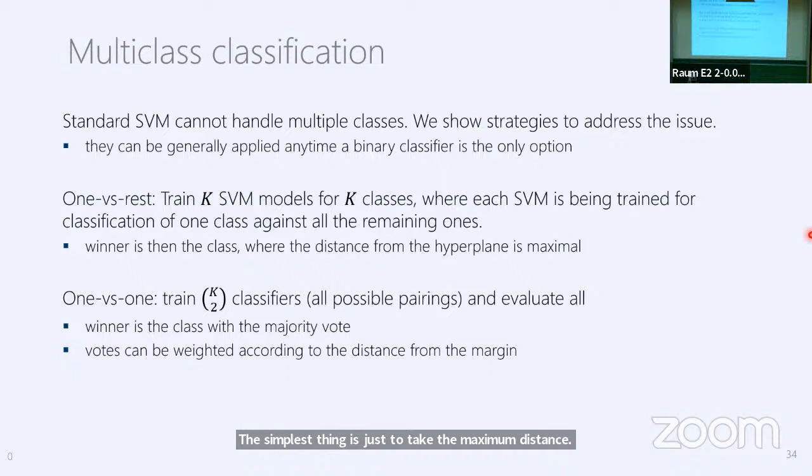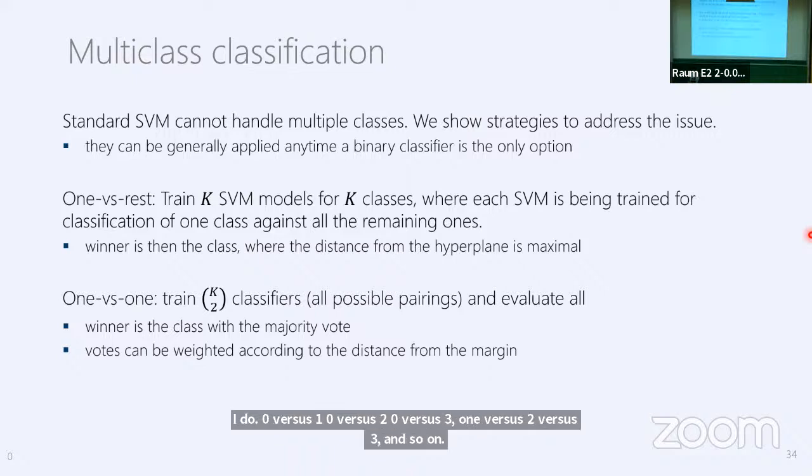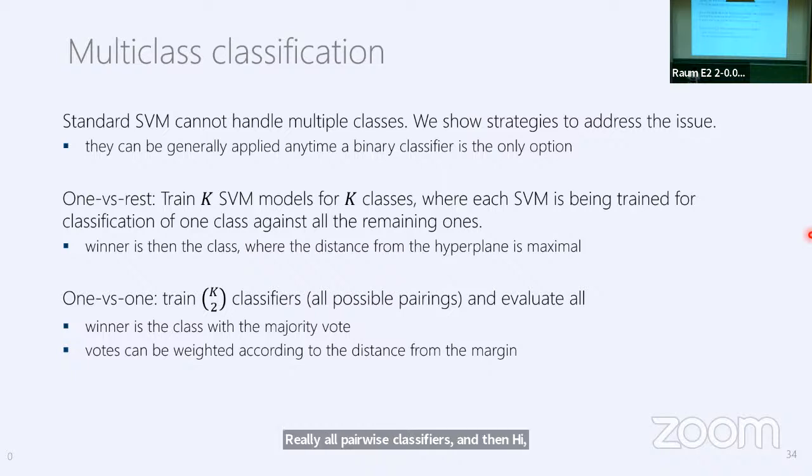The second option is to do essentially all pairwise classifiers. So I do 0 versus 1, 0 versus 2, 0 versus 3, 1 versus 2, 2 versus 3, and so on. Really all pairwise classifiers. And then I train them separately. I take a test point. Now I get k choose 2 potential values. How do I choose the best one? You can do majority vote.